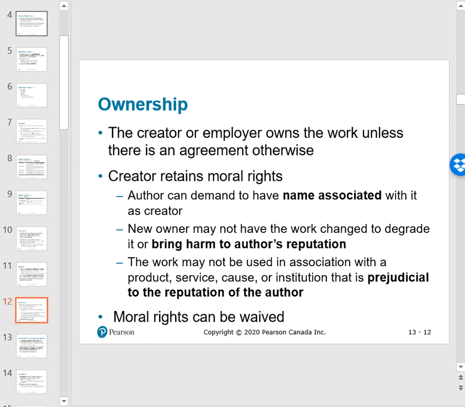In most cases, writers will assign only the economic rights, but they will keep moral rights with them so that in case they face any threats to their names being associated with the work or reputation, credibility, they can sue, they can seek remedies. Okay, so there are two types of rights related to a copyright.